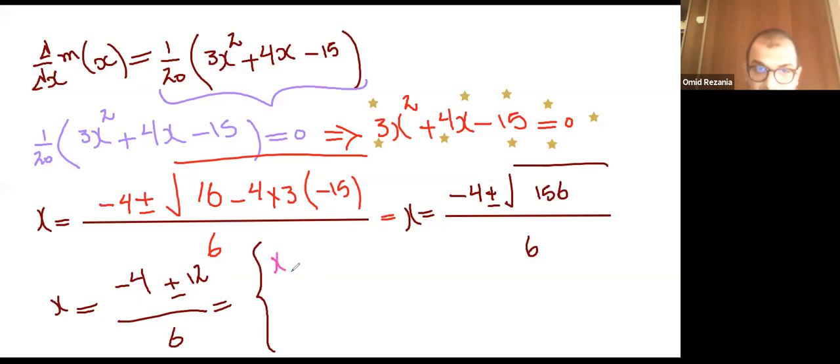For the x1, it becomes minus 4 minus 12, which becomes minus 16, divided by 6. And for the x2, it becomes minus 4 plus 12, which becomes 8. 8 divided by 6. Then we have 2 answers for this equation.